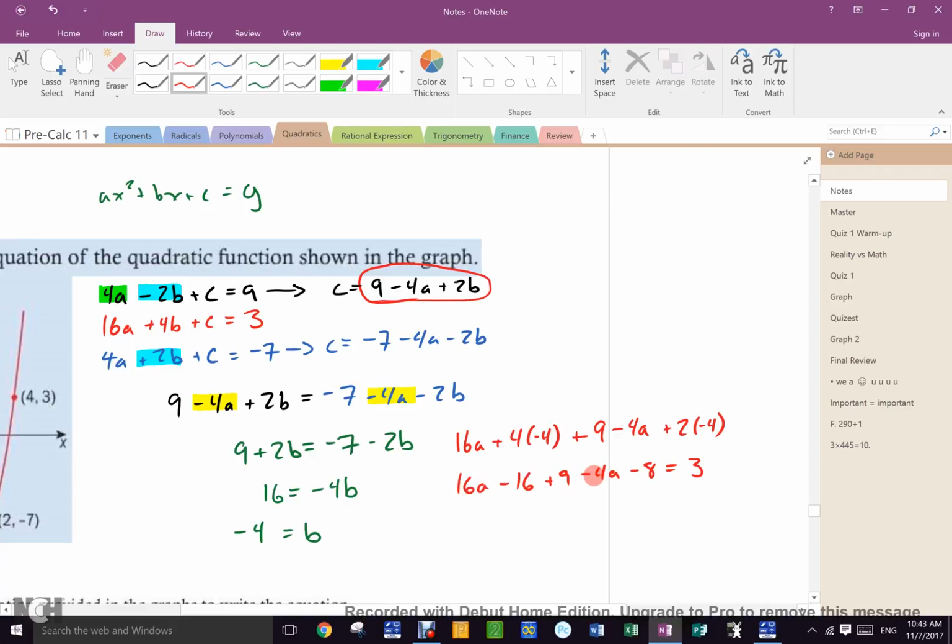What's 16a minus 4a? 12a. What's negative 16 plus 9? Negative 7. What's negative 7 minus 8? Negative 15 equals 3. Now what?